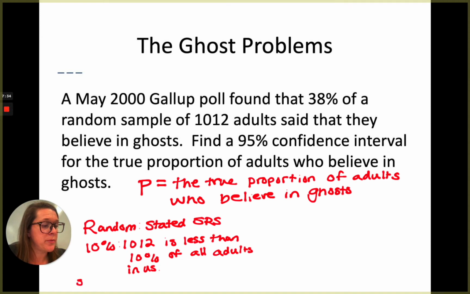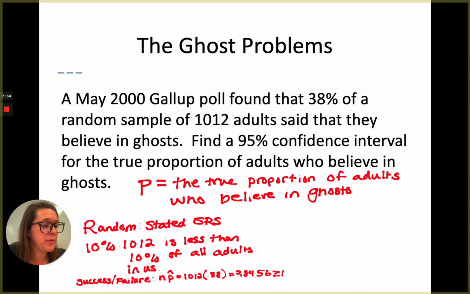And then we have our normality, which in this case is success/failure. Here we're checking to see if my distribution can be normal. So np hat: 1,012 times my p hat, which is 0.38. 1,012 times 0.38 is 384.56.